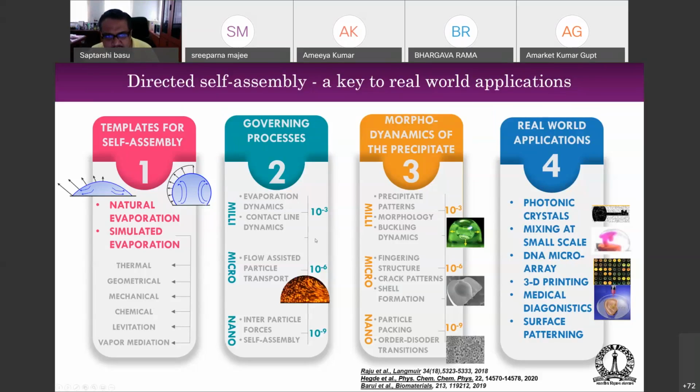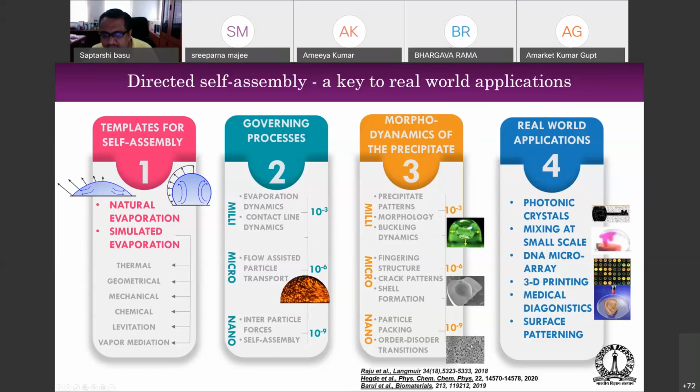For example, evaporation dynamics is strictly a milliscale phenomenon. The flow that is created is microscale, and if it is a particle-laden droplet, especially nanocolloids, you get self-assembly, which happens at the nanoscale. And depending on what the governing processes are, the morphodynamics of the precipitate, that means what the precipitate actually looks like, can have different structures.